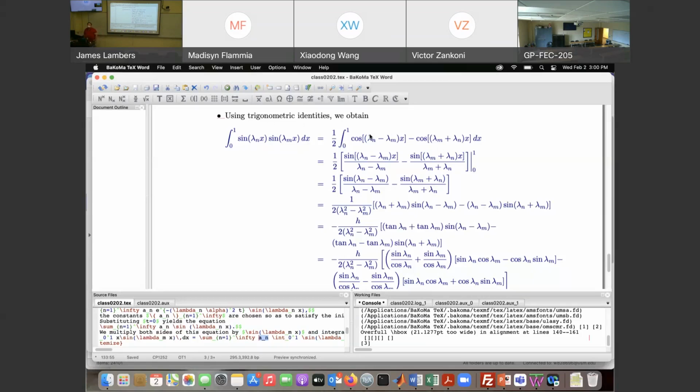Well, okay, there's one trig identity that pretty much every student knows. Sine squared plus cosine squared equals 1. That's the one that I can count on students to know. Anything else, generally no.